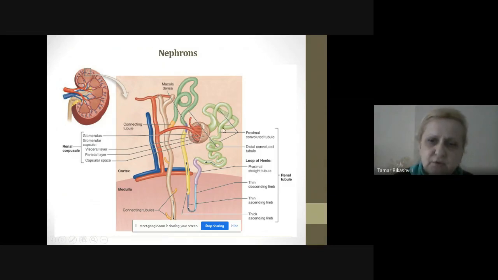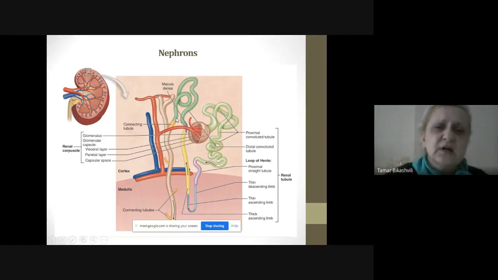The first is the proximal convoluted tubule. Then next starts the loop of Henle, the proximal straight tubule. Then the thin descending limb, then the thin ascending limb, then the straight, thicker ascending tubule, and then the distal convoluted tubule.